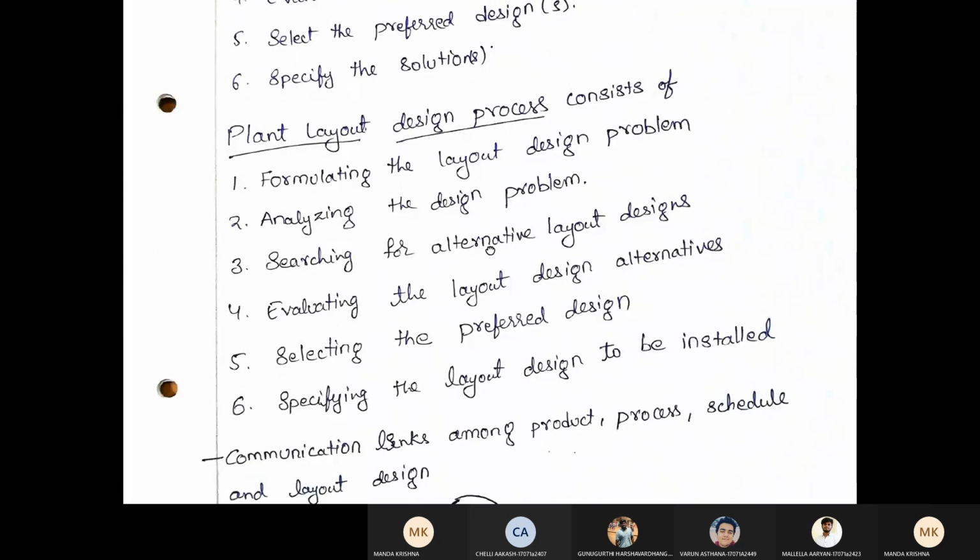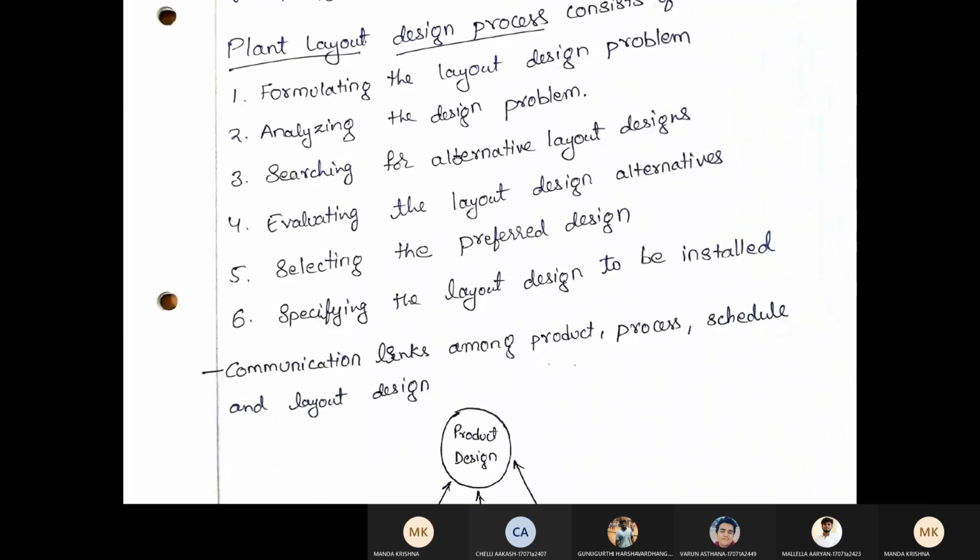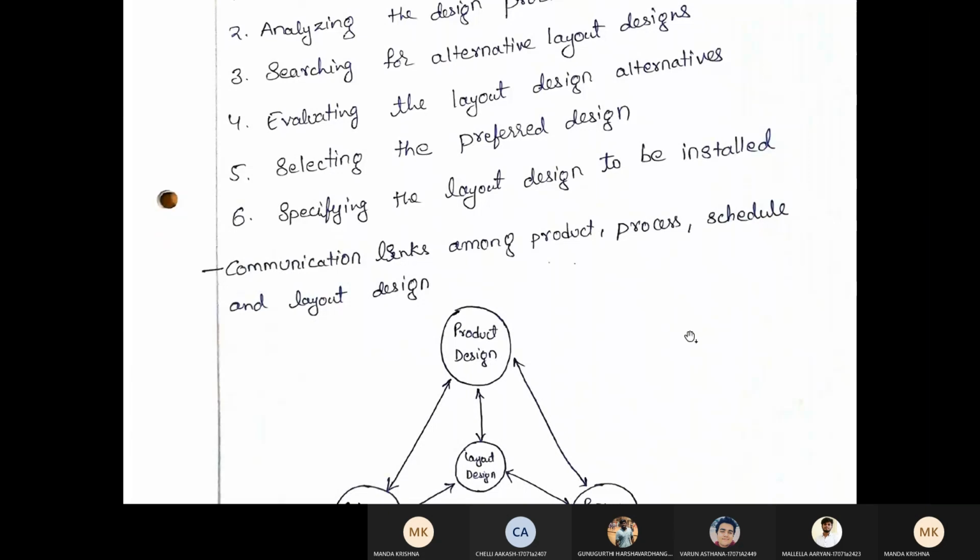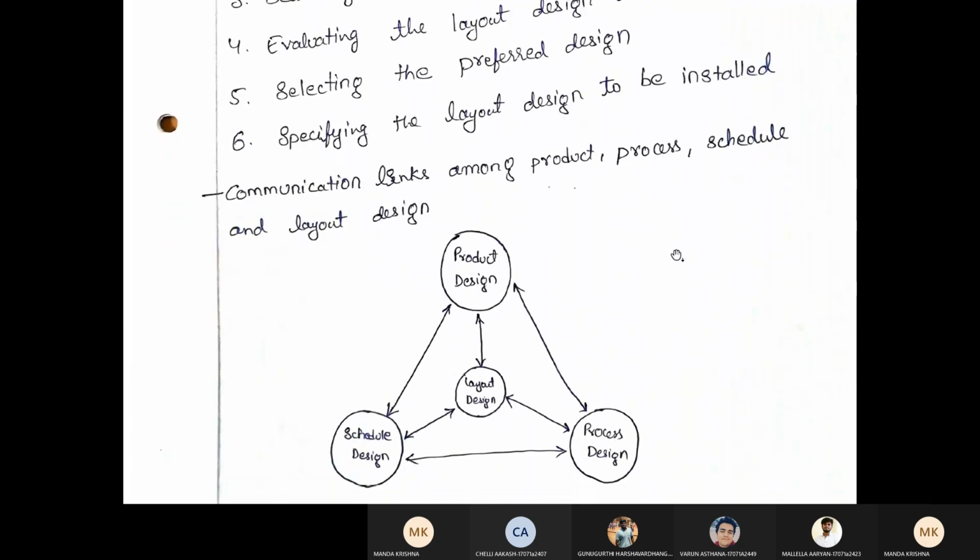This is the plant layout design process, and what are the communication links among the products, schedule and layout design. They are interlinked to one another.